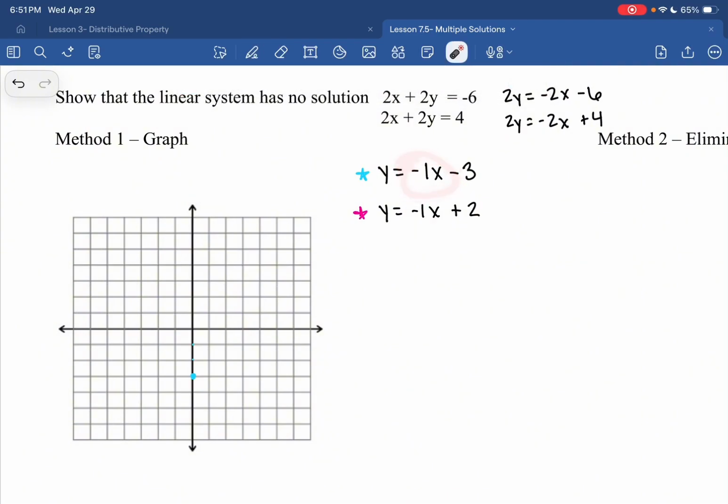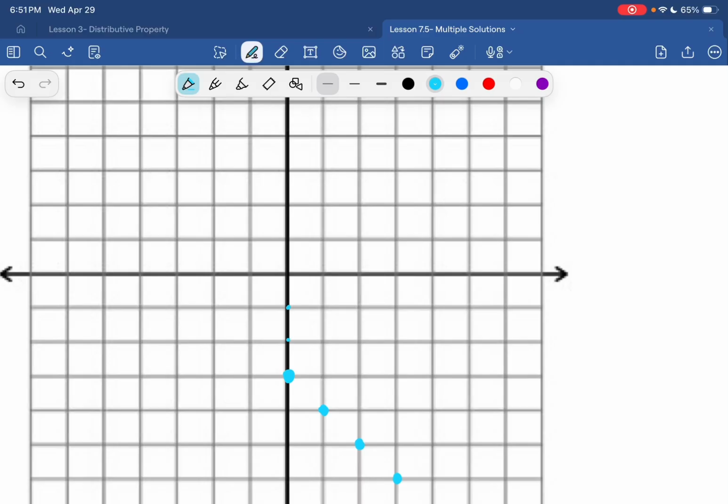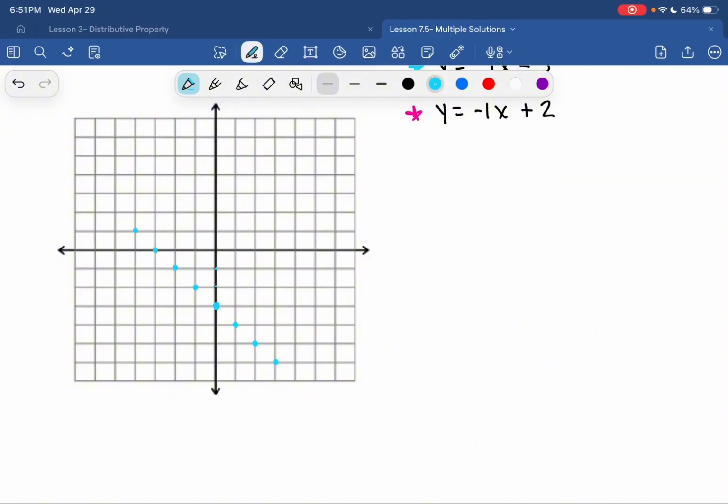Because what's in front of x is our slope, which means I'm going to go down 1 and right 1. Okie dokie. So I'm going to go down 1 to the right 1, down and right. Now, we have to do the inverse, so up and left, up and left, up and left. And then we're going to draw our straight line.